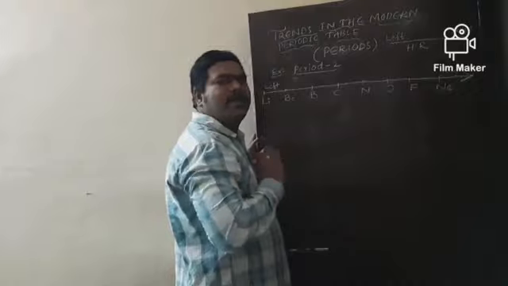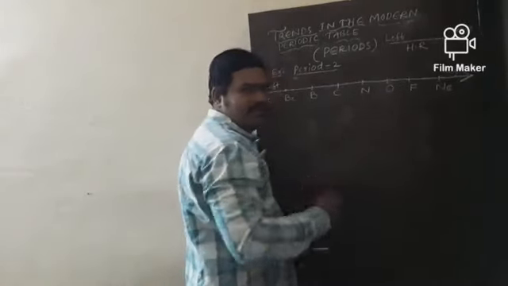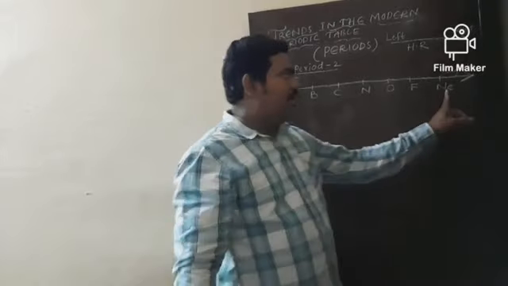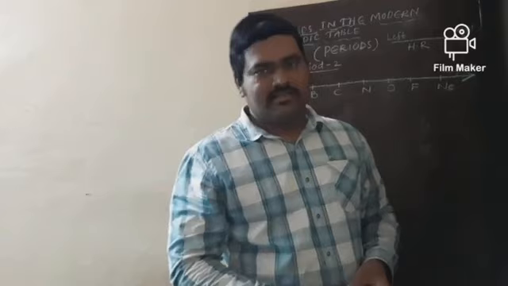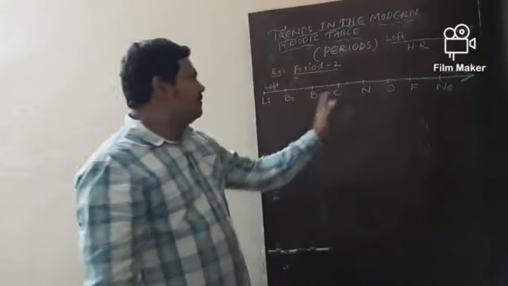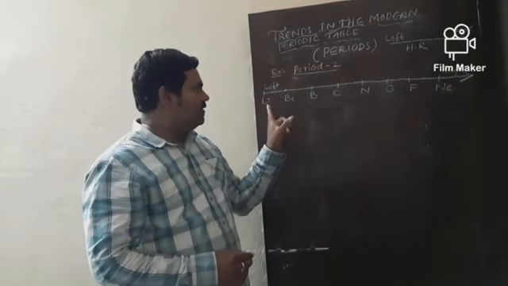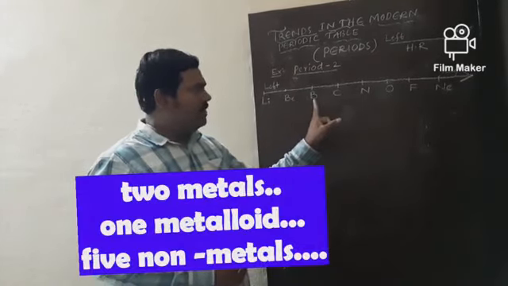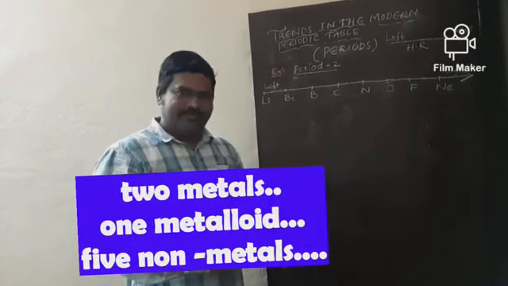Nitrogen, non-metal. Oxygen, non-metal. Fluorine, non-metal. Even neon is also a non-metal. But neon is called a noble gas and belongs to group number 18. So this is about the period introduction, the second period. In the second period, there are 2 metals, 1 metalloid and 5 non-metals.